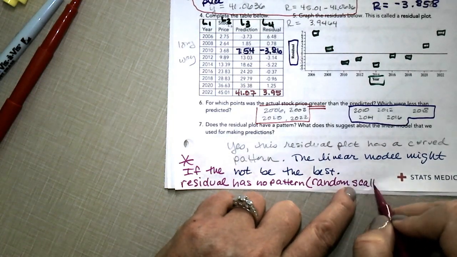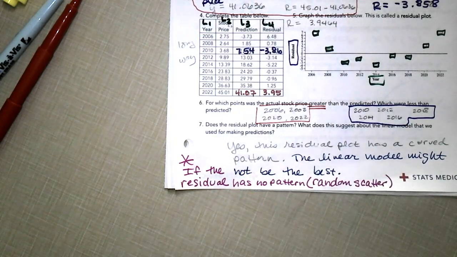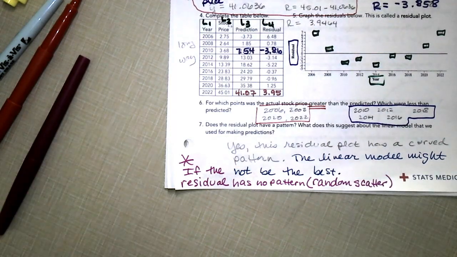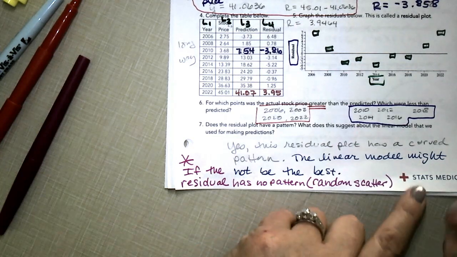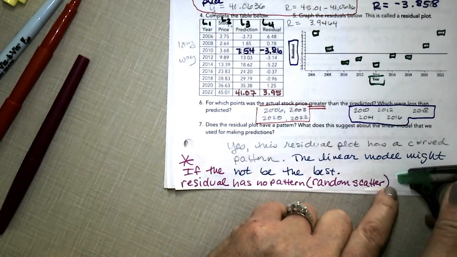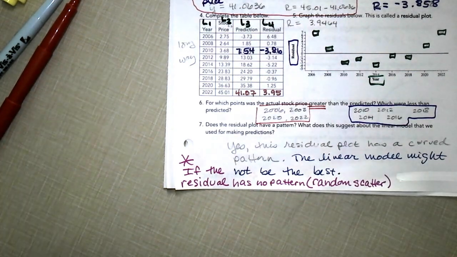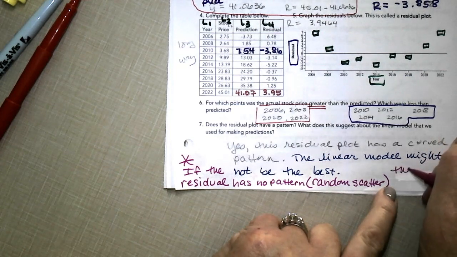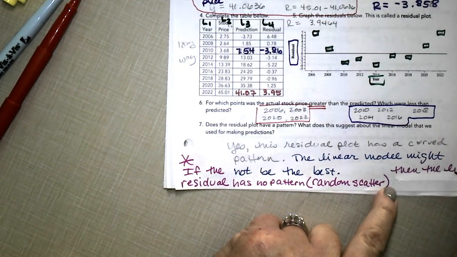I'm going to wipe this out. Gotta get to my whiteout. Then the line is a good model.